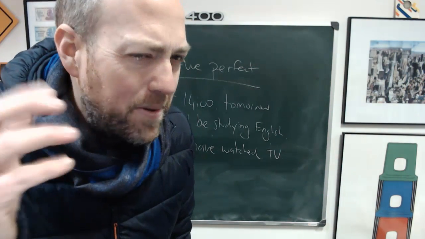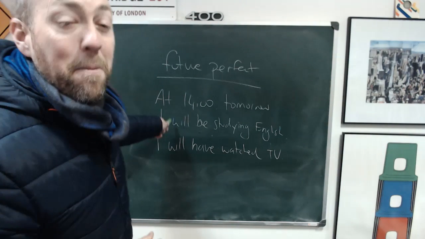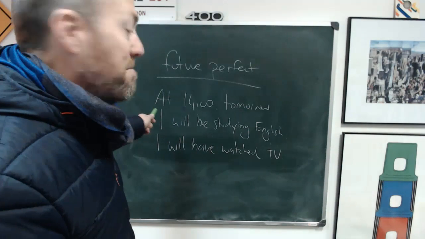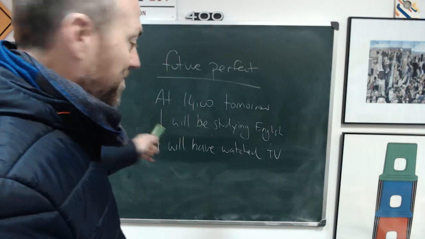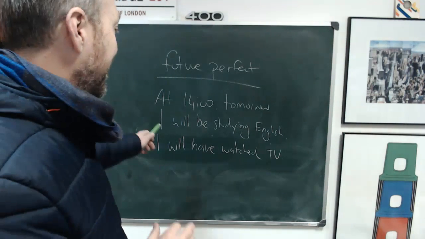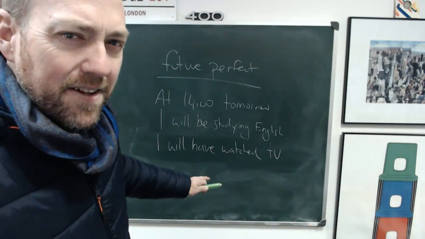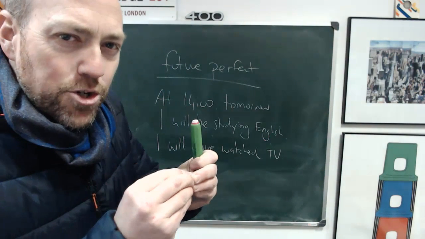Okay, I'm sorry, I'm a bit slow today, but I'm saying that before I studied English, I watched television, not after, okay? Sorry. I will be studying English. I will have watched TV. Okay? Now the relationship is clear.